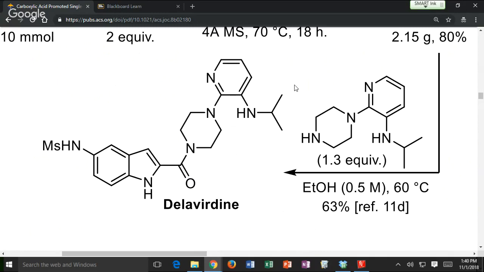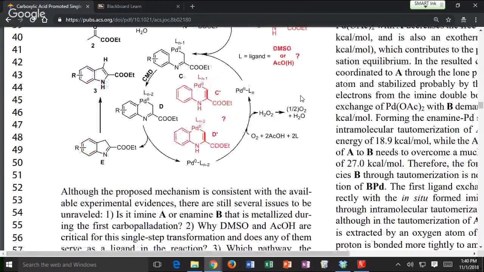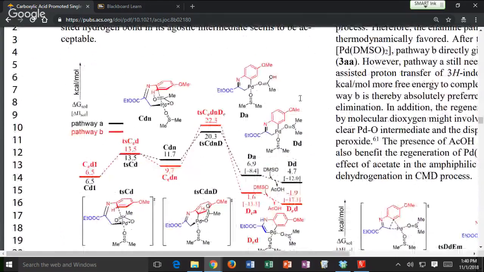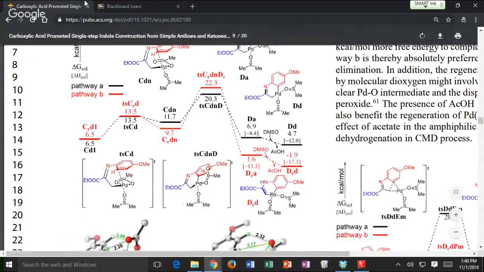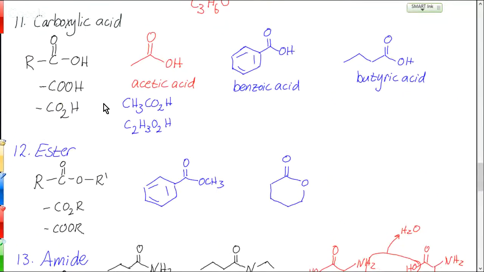All right, so back to acids versus esters. I don't know if we're going to find anything like that in this particular paper. Yeah, I don't see it. So let's go back to the notes here. The difference between the carboxylic acid and the ester is what's connected to the oxygen. Maybe we should highlight that.